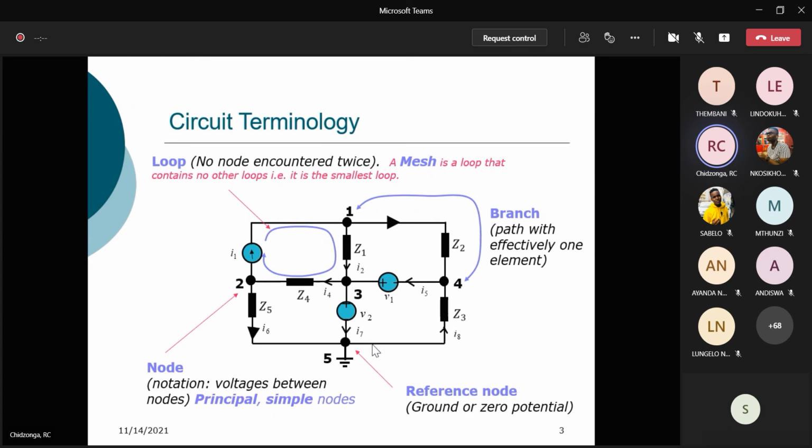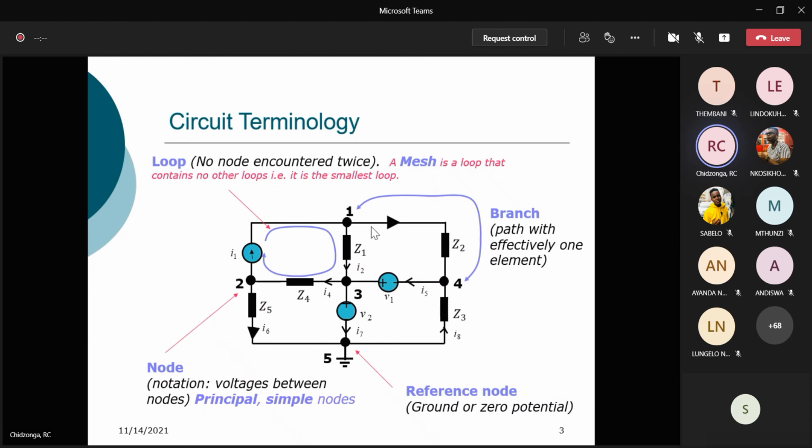Right? Before I say another thing about nodes, I also want to speak about the blue arrows. I've got one blue arrow here, which is indicating a path between 1 and 4.